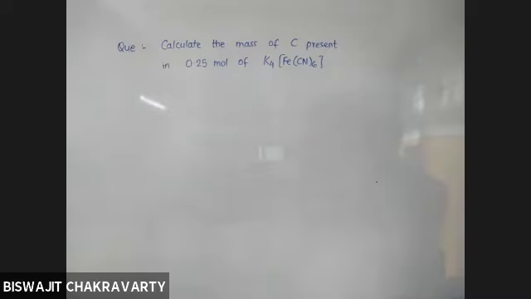So 0.25 into 6 is 1.5 moles. But that needs to be converted to mass of carbon. So what should I multiply 1.5 moles of carbon with to get the answer in mass? 12. So 1.5 into 12 is how much? 18 grams is the final answer.